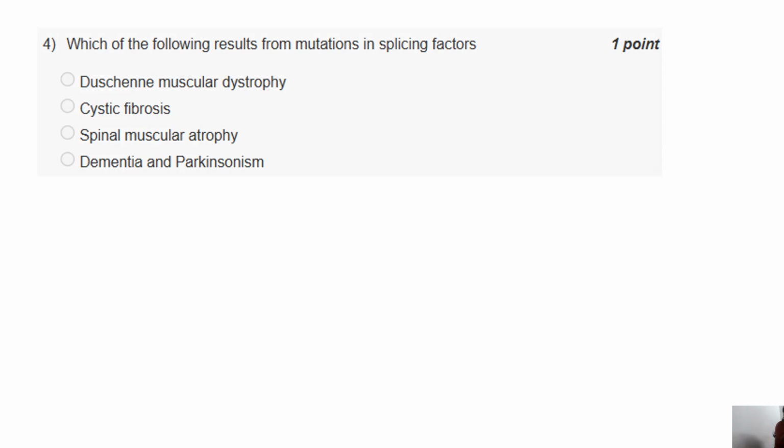Which of the following results from mutations in splicing factors? A. Duchenne muscular dystrophy. B. Cystic fibrosis. C. Spinal muscular atrophy. D. Dementia and Parkinsonism. I'll wait for a few minutes. You can decide and try to answer. Then I'll move on.